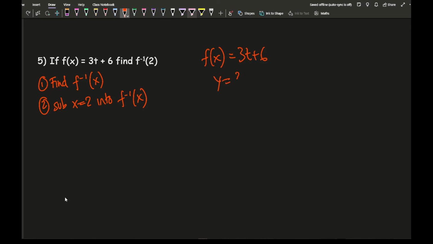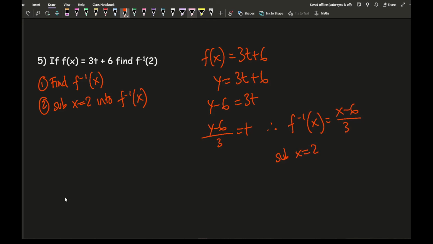So y equals 3t plus 6, y minus 6 equals 3t, (y minus 6) over 3 equals t. So therefore the inverse function of x is going to be (x minus 6) over 3. Then I substitute x equals 2 into this. So here I've got (2 minus 6) divided by 3, so that's minus 4 over 3, and there is my final answer.